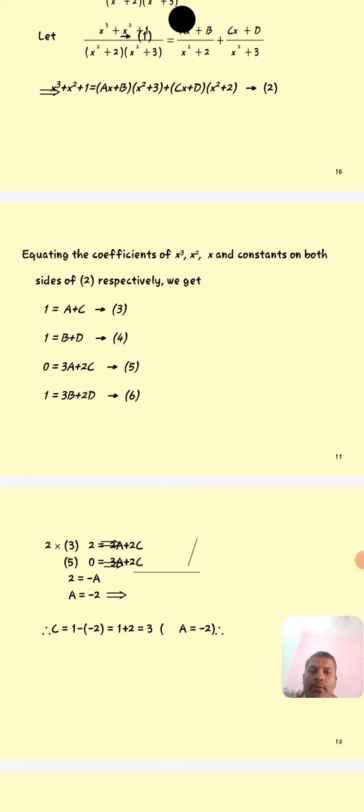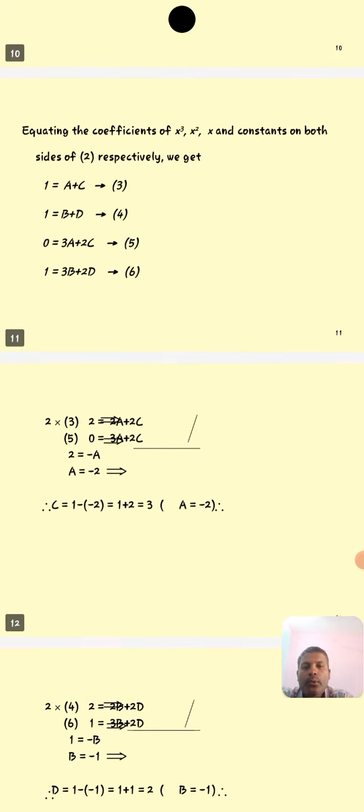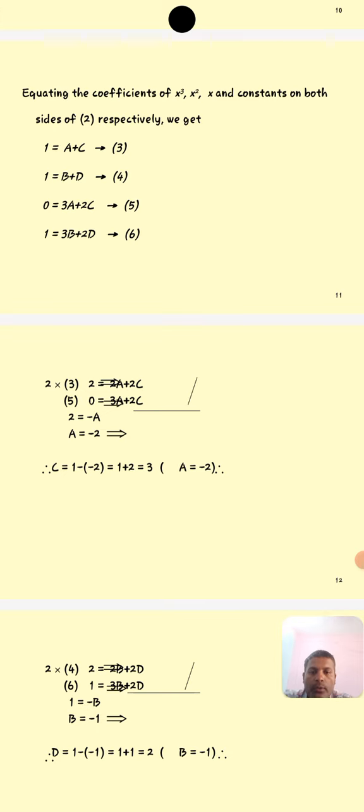Now we can do this: 2 into 3 and 5. So we get 2 is equal to minus a, and a is equal to minus 2. Therefore c is equal to 1 minus of minus 2, we get 1 plus 2 is equal to 3. Now 2 into 4, then we get 2 is equal to 2b plus 2d, and 6 into 1 means 3b plus 2d.